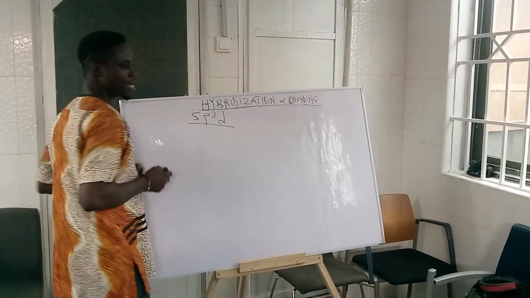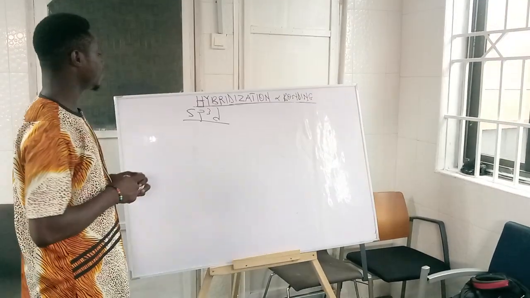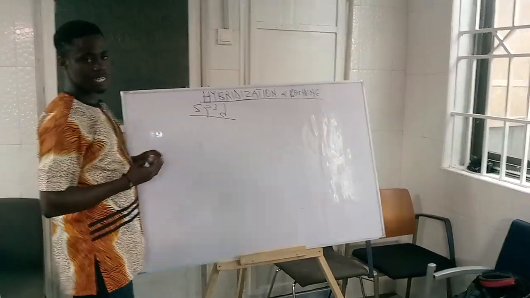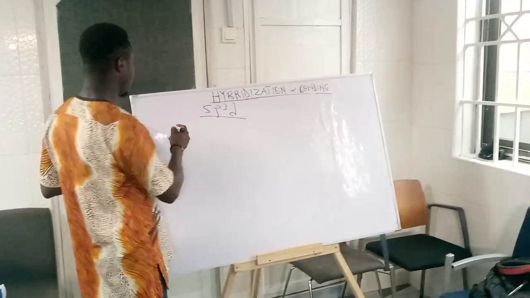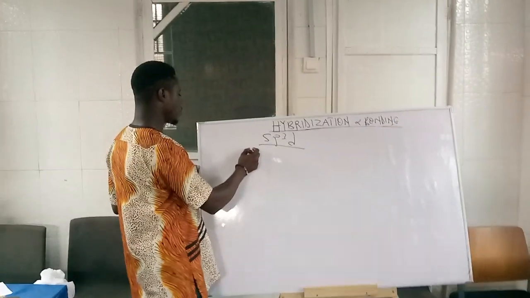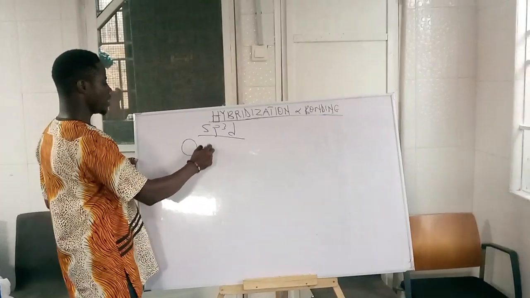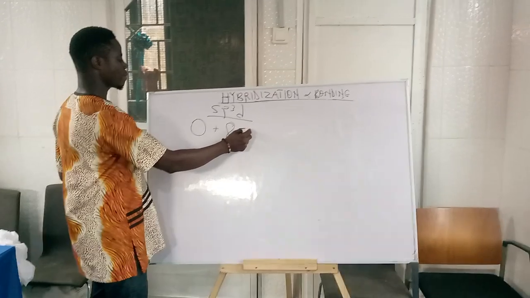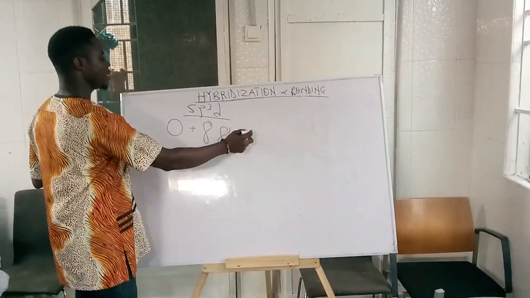sp3d hybridization is another type of hybridization, just like we did for the previous ones. This type of hybridization is formed as a result of mixing an s orbital with three p orbitals and with a d orbital.